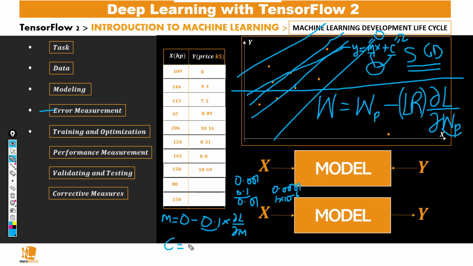So we do 2 minus our same learning rate times dl on dc. We've now updated m and c, and if we compute the error, we would have y actual minus these new values of m and c. So we have our new m times x plus our new c, and we compute a new error.